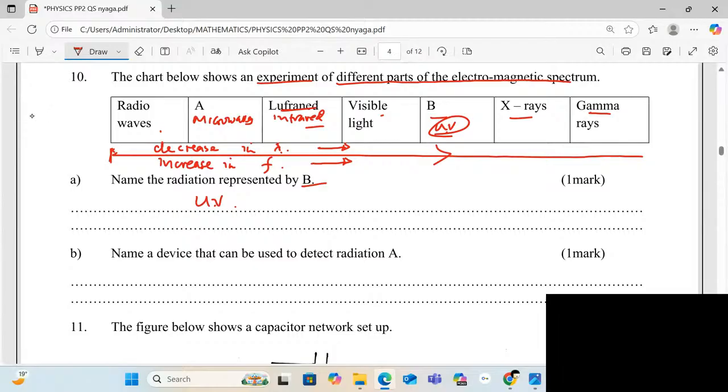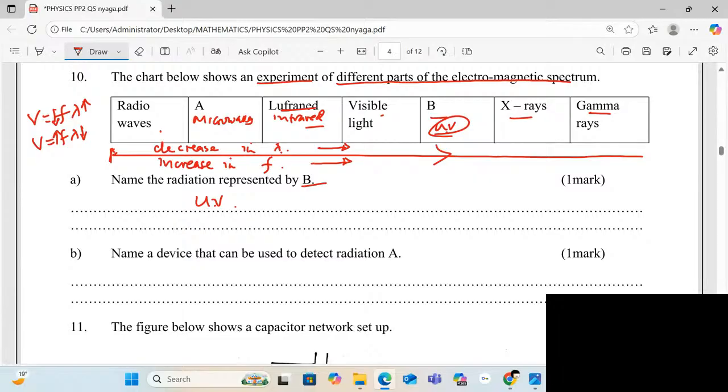So allow me right here. Since v is constant, and this is the way to get the velocity, an increase in wavelength automatically leads to a decrease in frequency. Then an increase in frequency automatically leads to a decrease in wavelength.